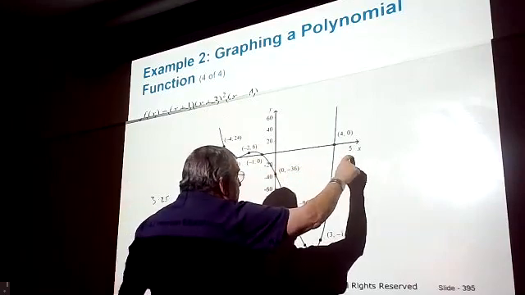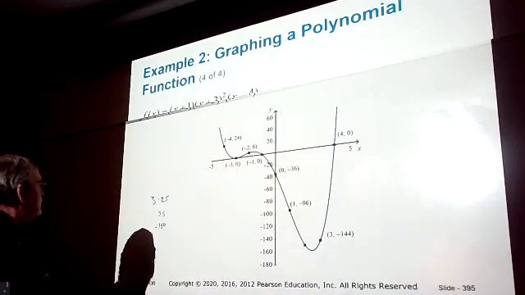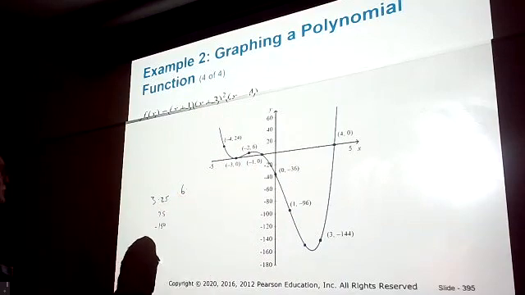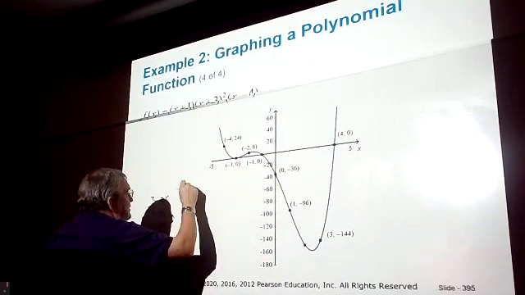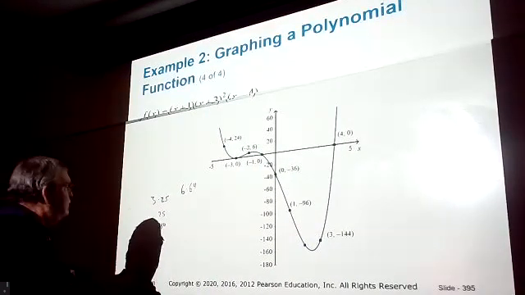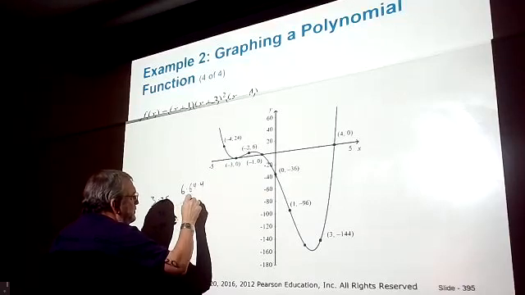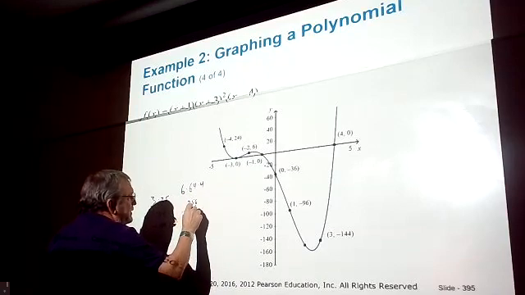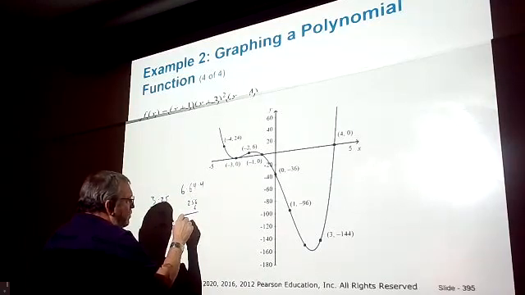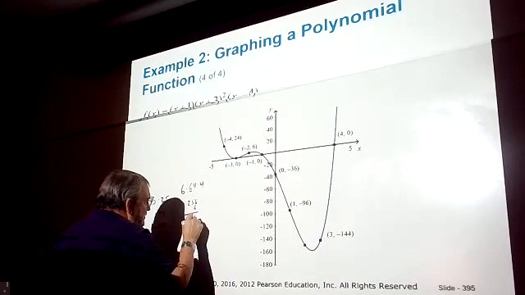I would find out what it was at 5 just to see what's happening. So 5 plus 1 is 6. And then 5 plus 3 is 8. 8 squared is 64. And 8 minus 4 is 4. So 4 times 64 is 256 times 6. Wow. So that's going to be 1,536.